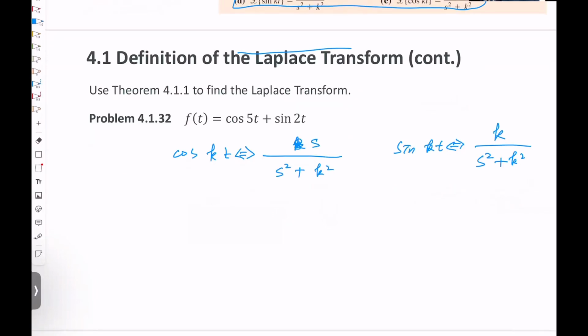So first cosine 5t: s at the numerator, and then denominator s squared plus 5 squared, which is 25, plus, for the sine, the denominator is going to be s squared plus 2 squared, which is 4. For the numerator, just k, which is 2.